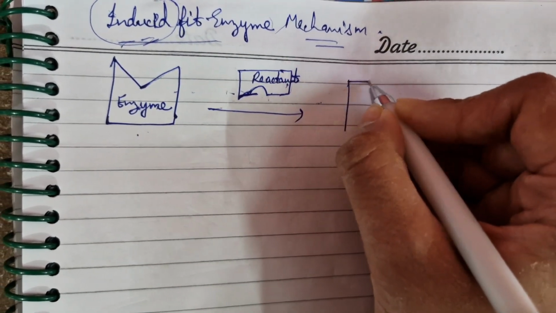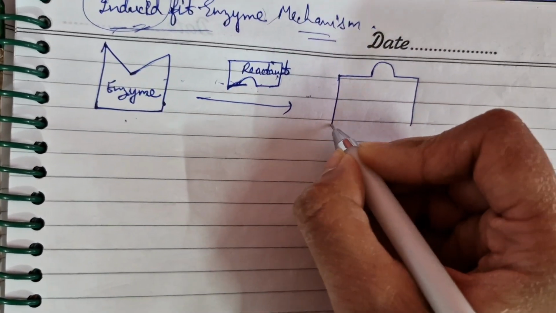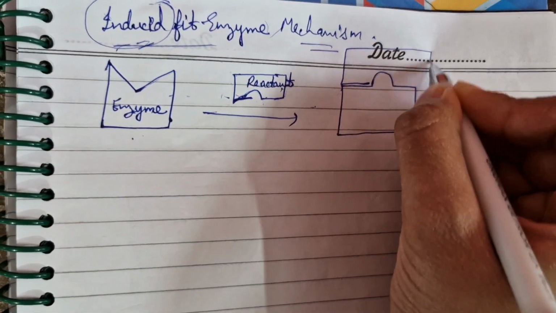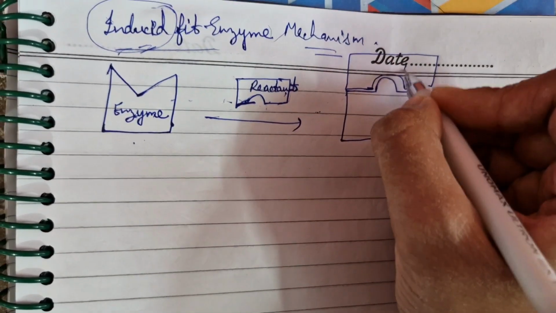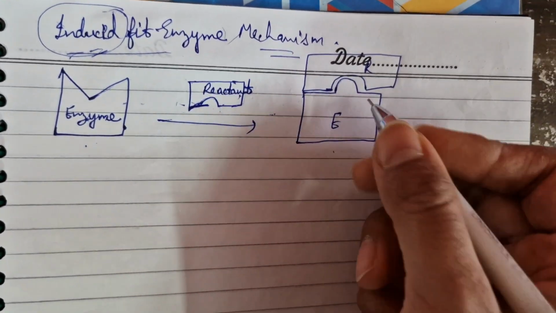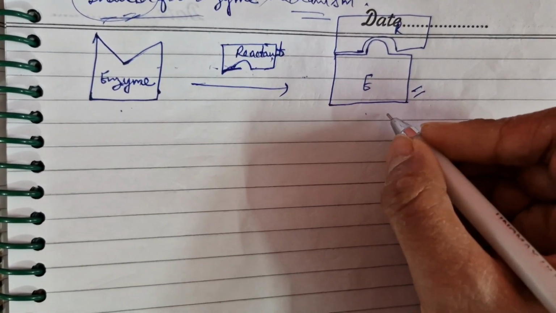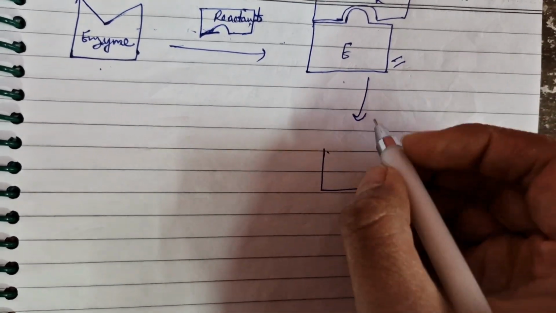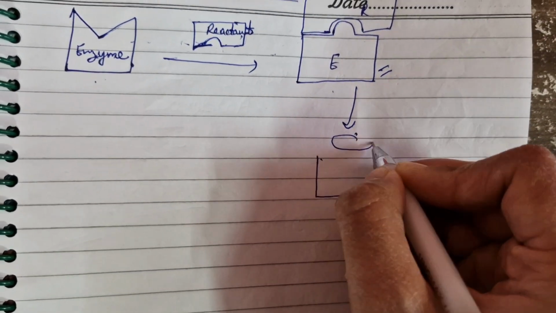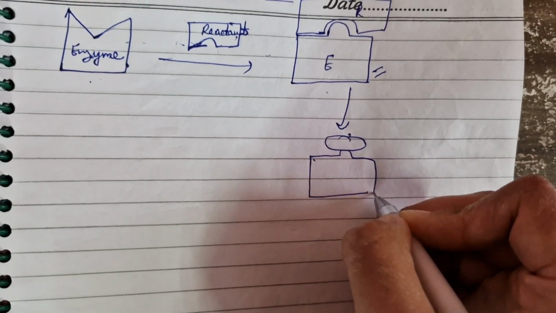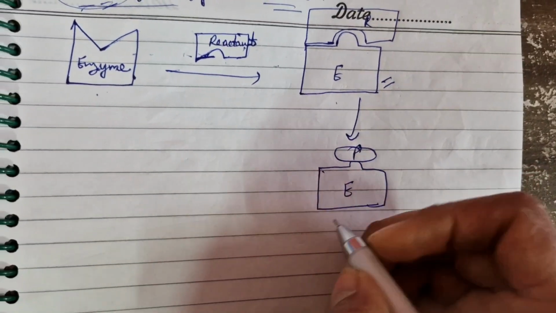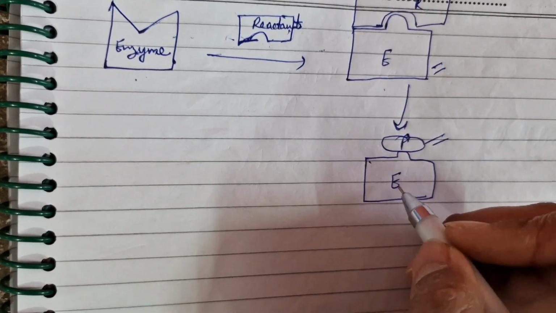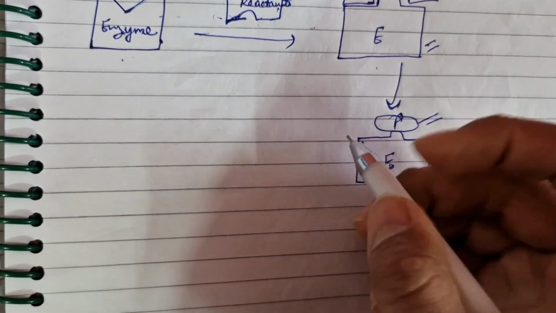Here this is the enzyme reactant complex. In the next step, we get the product formed, which gets detached from this enzyme.